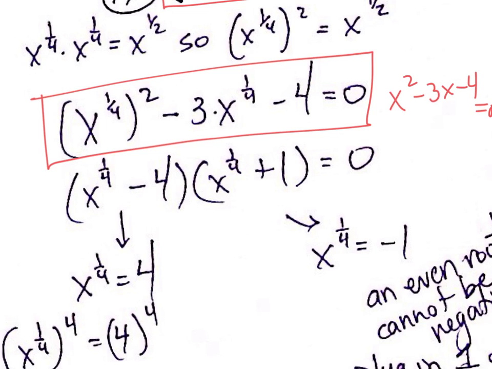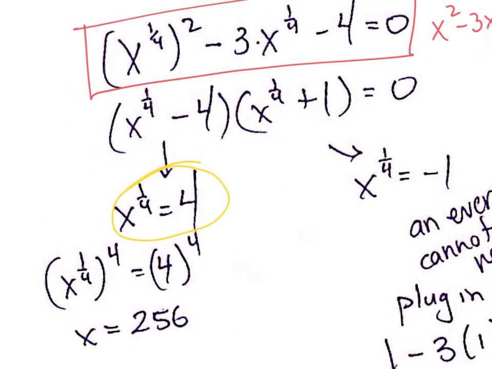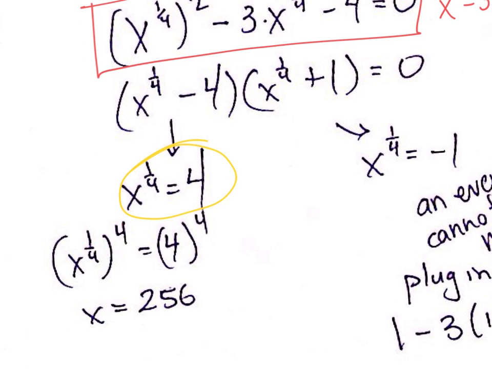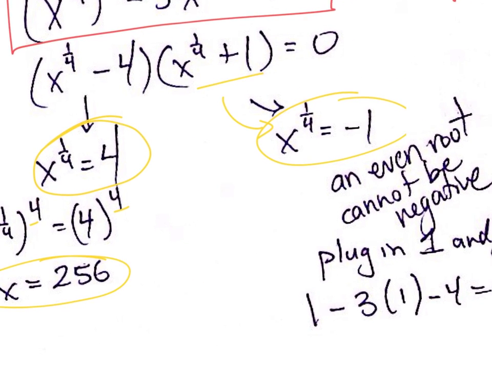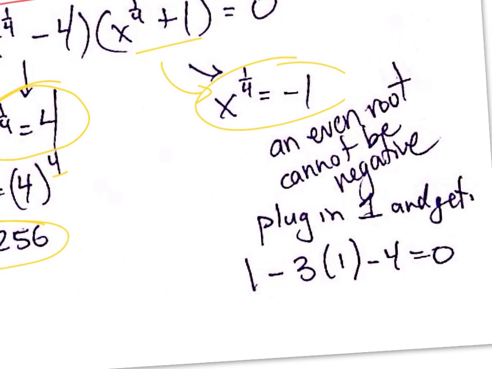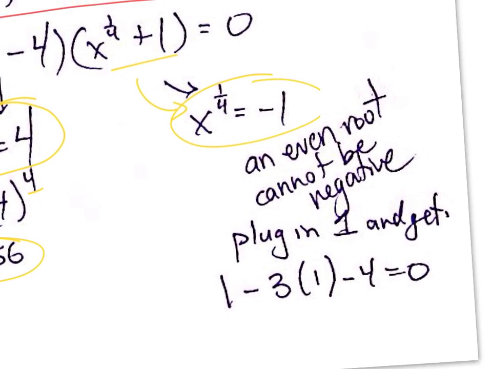And so we get two solutions from this. We move down to this, fourth root of x equals 4, in which case we raise both sides to the power of 4, giving us x is 256, 4 times 4 times 4 times 4. And then over here we end up with this, which, you know, you're not going to take the square root and get a negative, so an even root cannot be a negative.